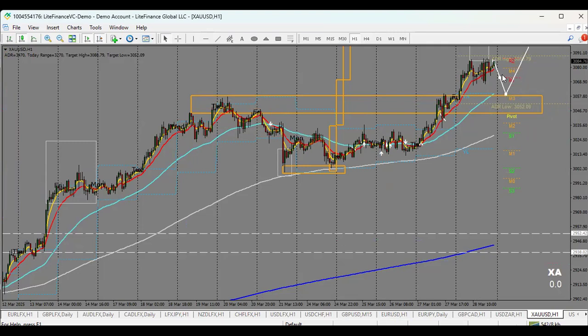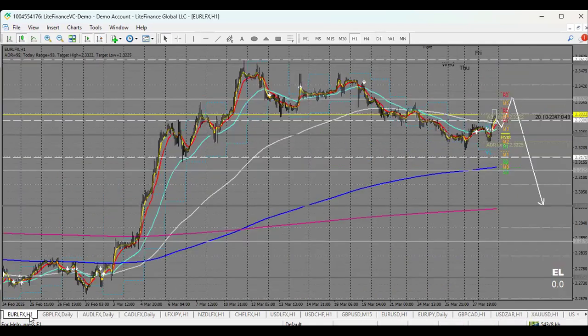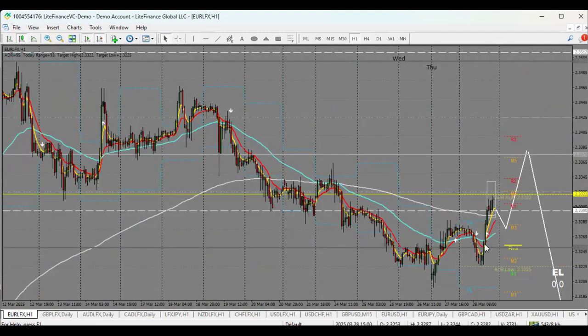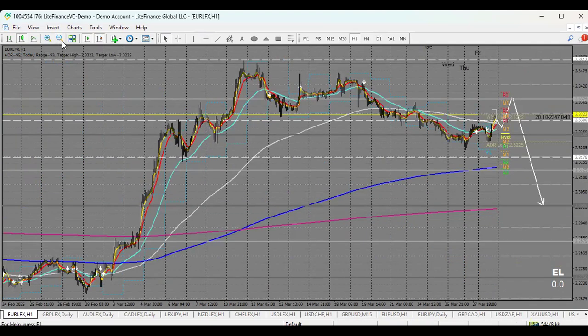Okay, so earlier I had my analysis on these currency indices. This is the euro index, and this is my anticipation on euro for the coming week. So I look to sell.